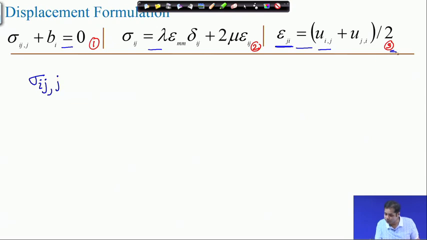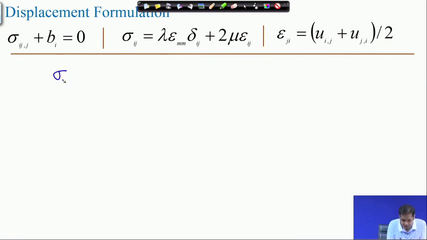Sorry, you substitute this equation into equation number 2. Then, to start with, sigma ij is equal to lambda epsilon mm. Epsilon mm means i is equal to m, j is equal to m.